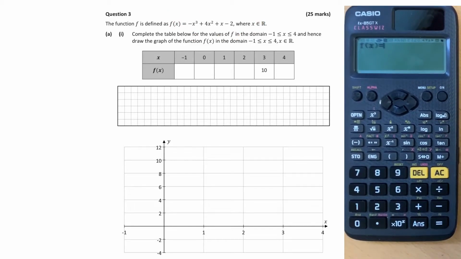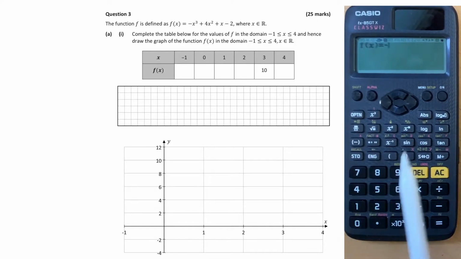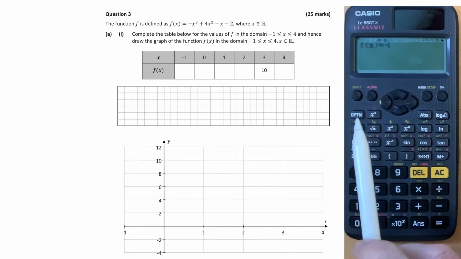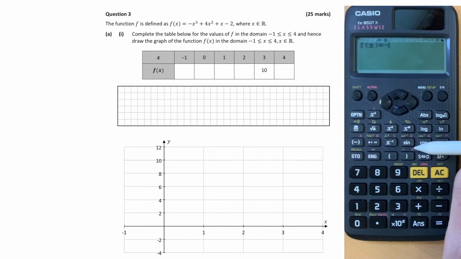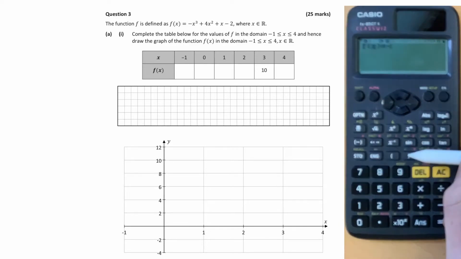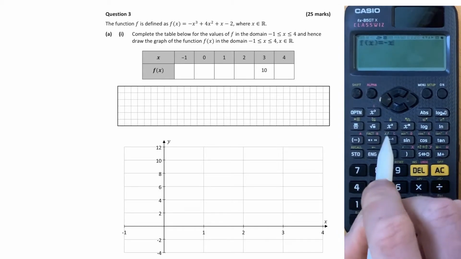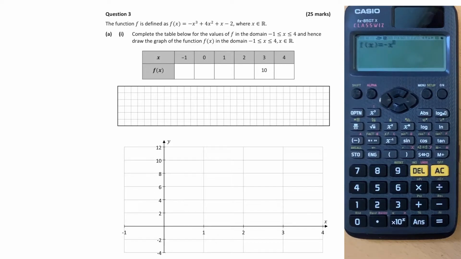So the function for f of x is going to be negative, so we put in our negative. You've got x cubed, so in order to get x cubed you need to get the x value here. So you can see the x there is in red. To get that red x, you need to press alpha first and then press the bracket. Okay, that needs to be cubed, so we'll press this button here and then we'll press 3.